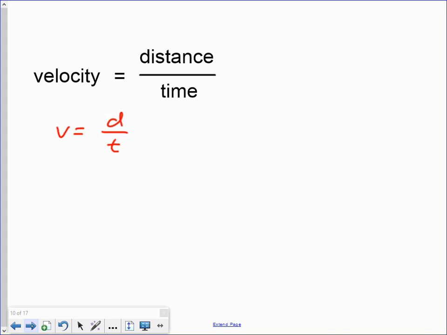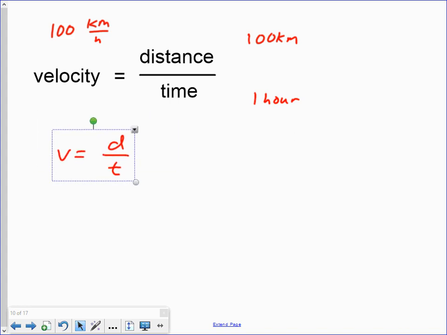Okay, and we can remember this by thinking of a velocity as being something like 100 kilometers per hour. So the velocity of 100 kilometers per hour is a distance. The kilometers per hour means we're dividing, so 100 kilometers in 1 hour.